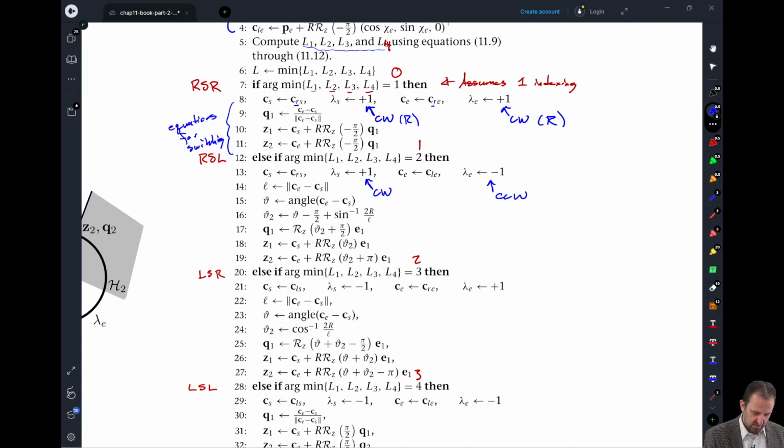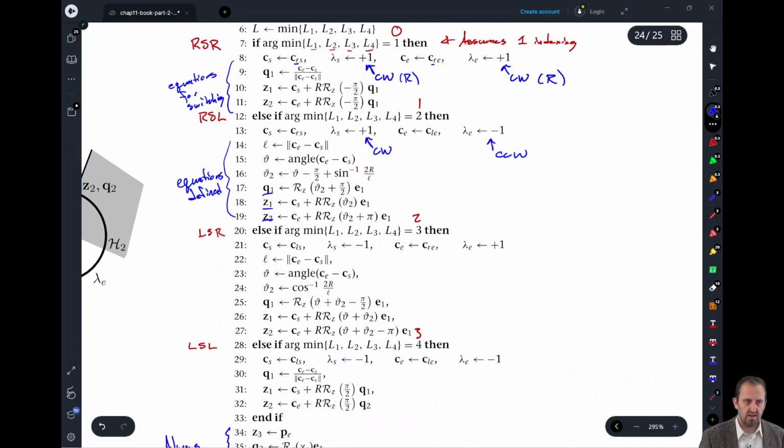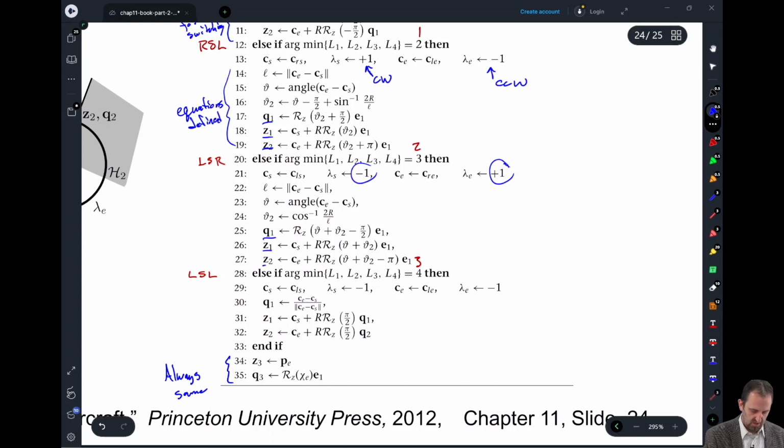Again, we come in here, these are the equations that we already defined. And what we end up calculating are our Q1, Z1, and Z2. Similarly for LSR, we start off counterclockwise and end clockwise, and then we calculate Q1, Z1, and Q2.